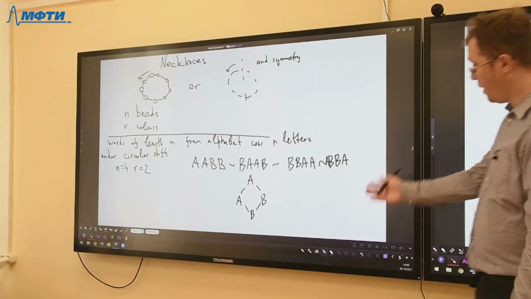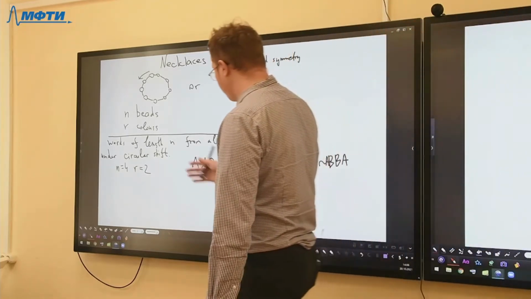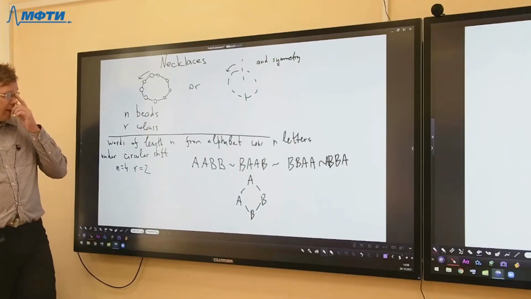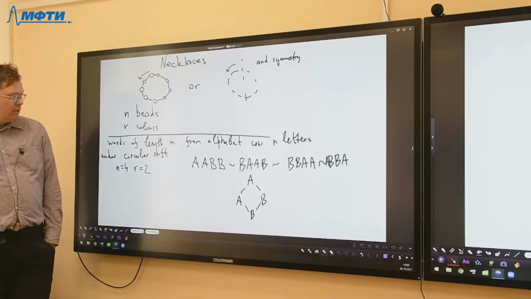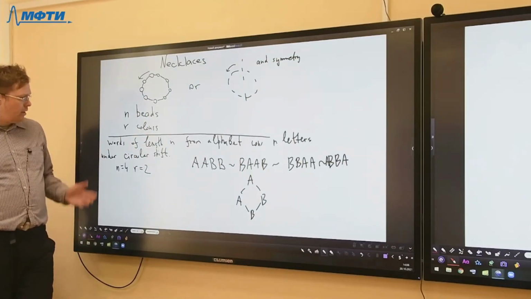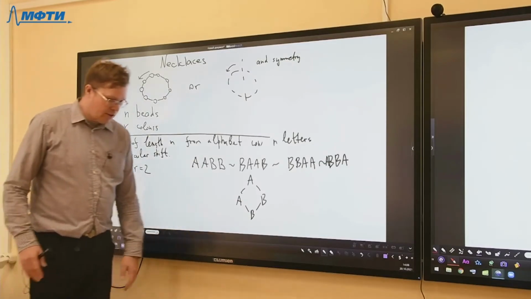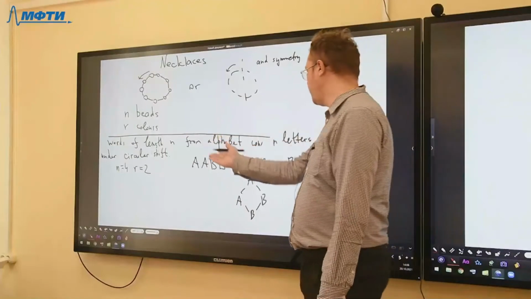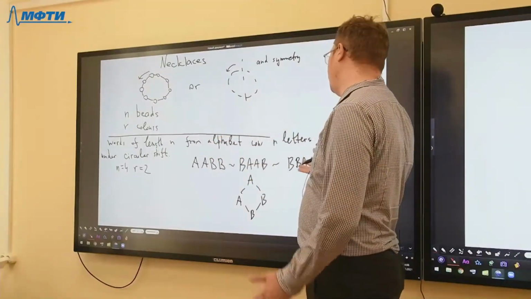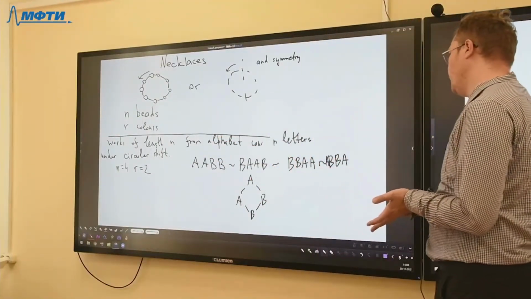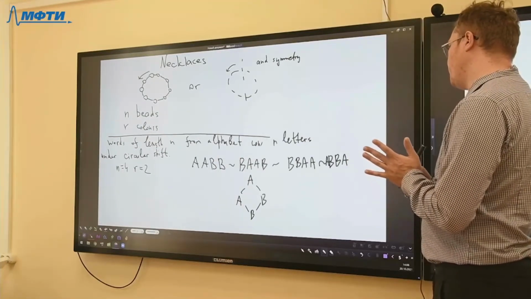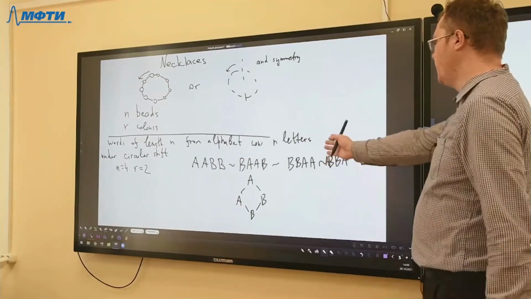So I want to count how many necklaces I have, or how many words of length n under this. In mathematics I can say that we factorize over the equivalence relation.